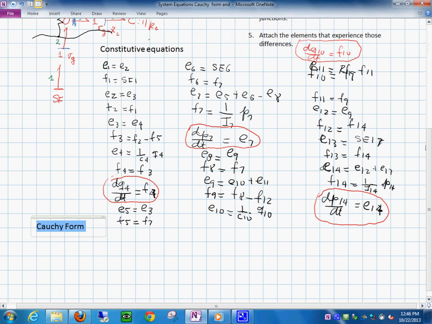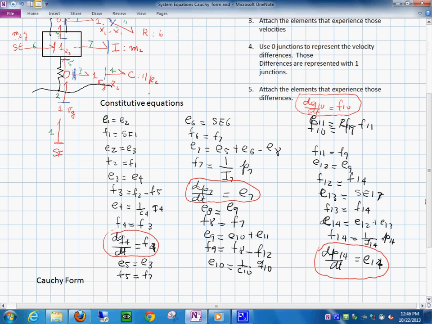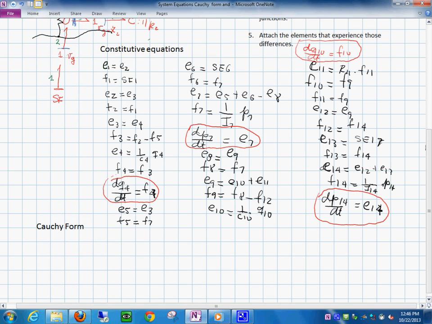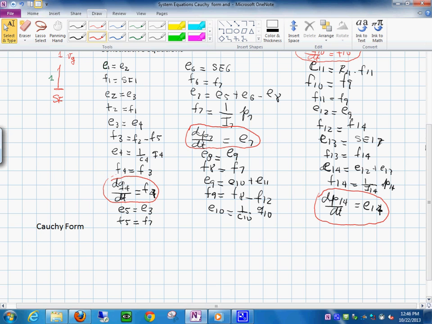Okay, so in here we have to continue the substitutions. What is e sub 5? In this case is e sub 3 plus e sub 6, which is up here someplace, is se6. Minus e8 is e9.